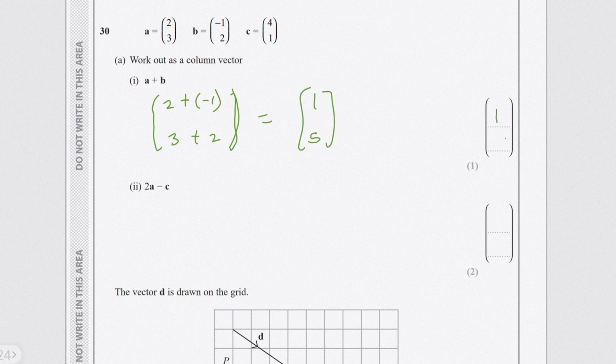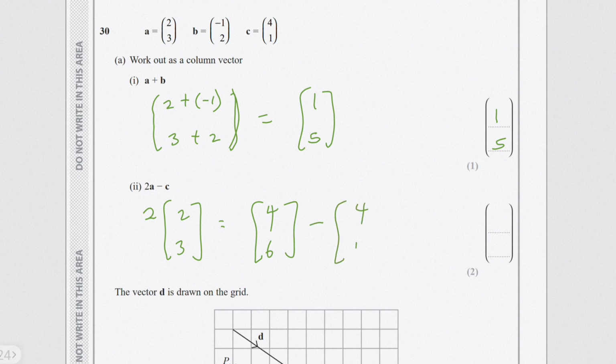So our answer is (1, 5). Now 2A minus C. 2A is 2 multiplied by (2, 3), which is (4, 6), minus C, which is (4, 1). So that becomes 4 minus 4, which is 0, and 6 minus 1 is 5.